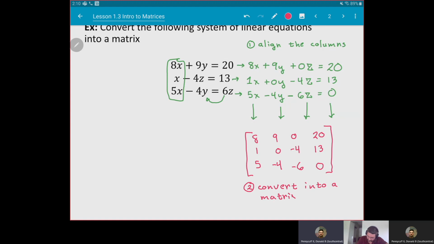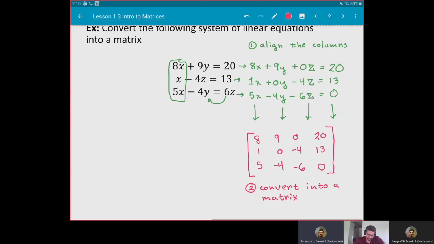And so we're done. And then if I wanted to, I could type that into my calculator and solve something or do whatever. Or into a computer program. No big deal. Okay?